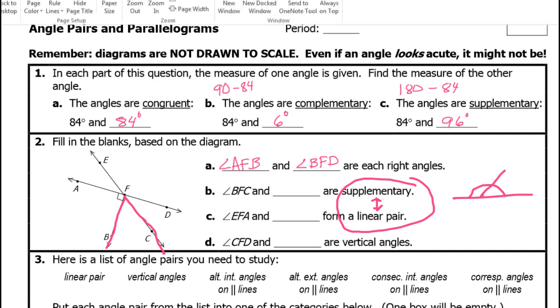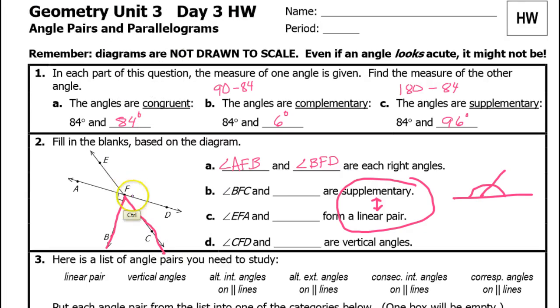So with that in mind, I need to extend this line straight out, because that's going to make a straight line. So these are the two angles though. I have my original angle here, and then I've got this new angle over here.